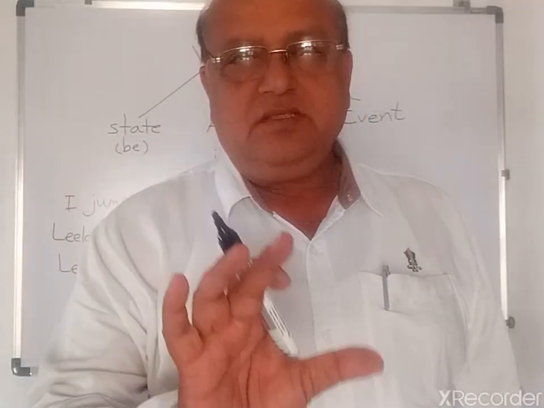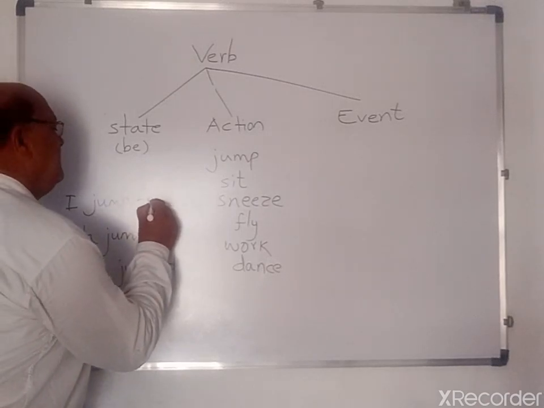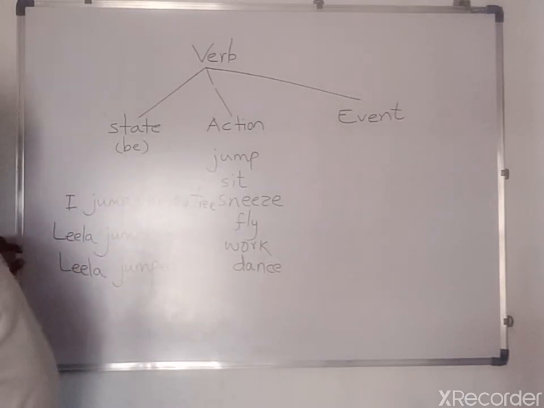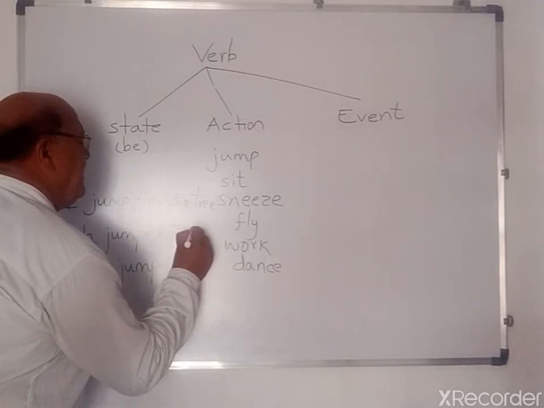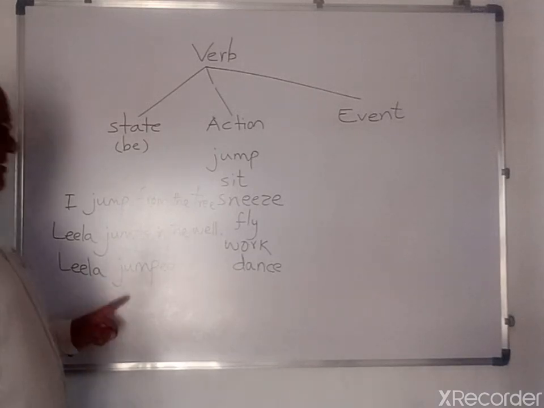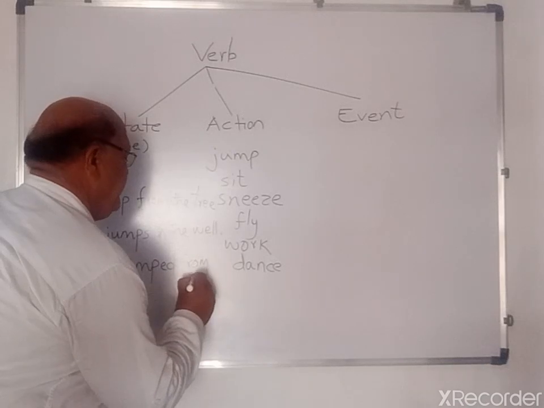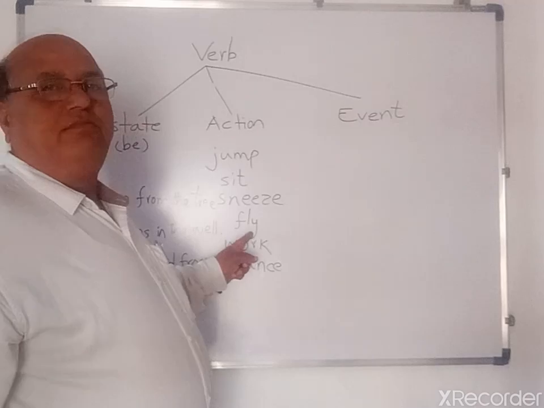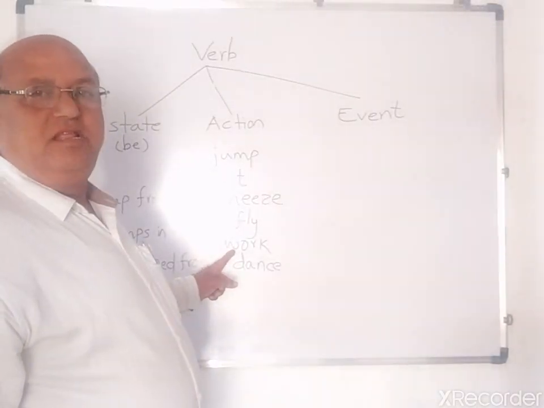A phrase begins with a preposition like I jump from the tree. Leela jumps in the well. Leela jumped from a tree. Similarly, birds fly. Mohan works in a factory.